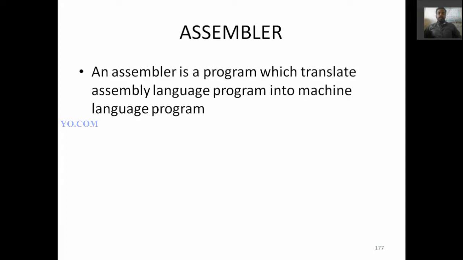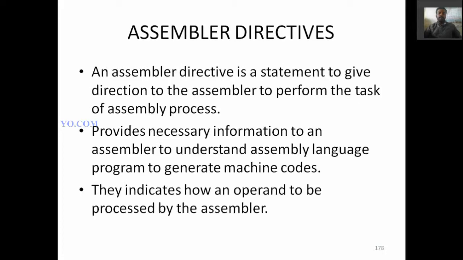The microprocessor can read and execute binary numbers. So the assembler is a tool or program which translates an assembly language program into a machine language program. Then, assembler directives.